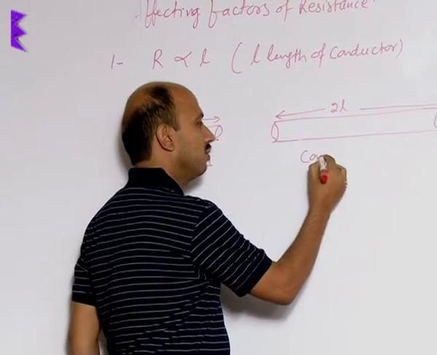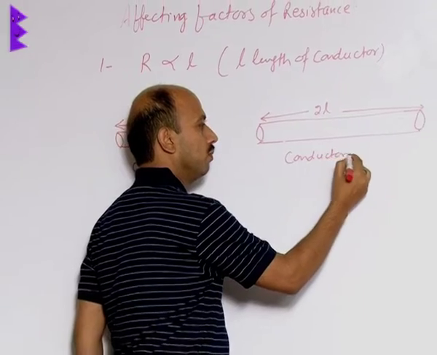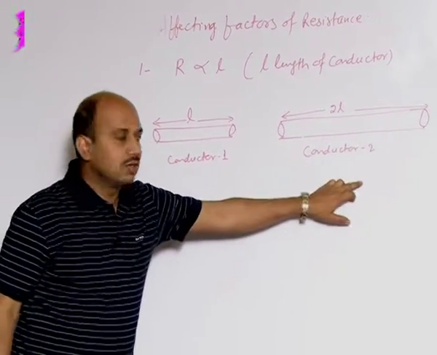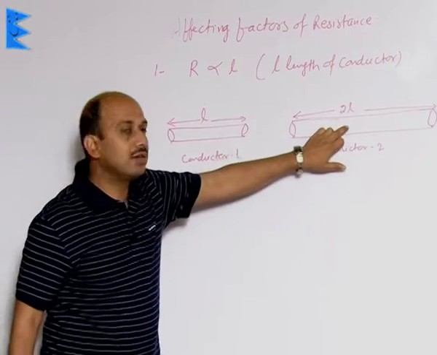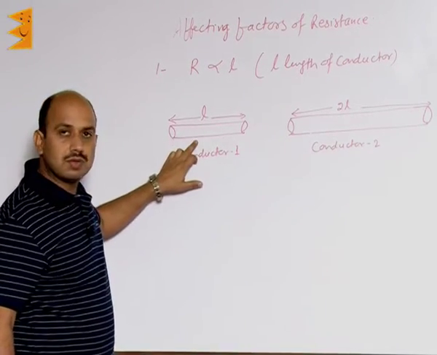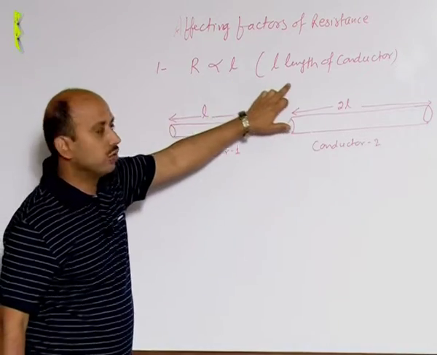This is named conductor 2. So, out of these two conductors, this conductor will offer greater resistance because its length is double that of this. So, resistance is directly proportional to length.